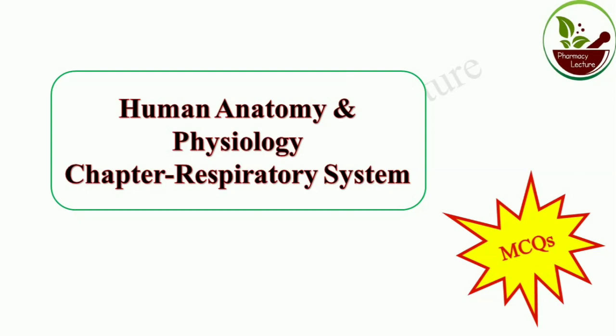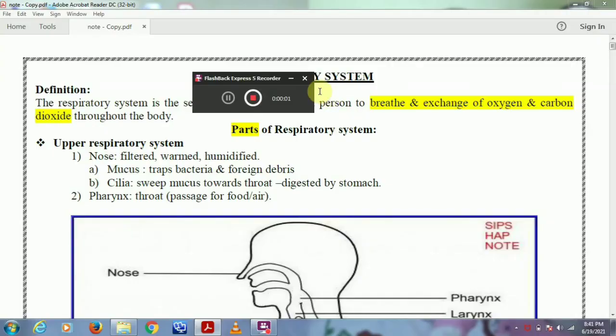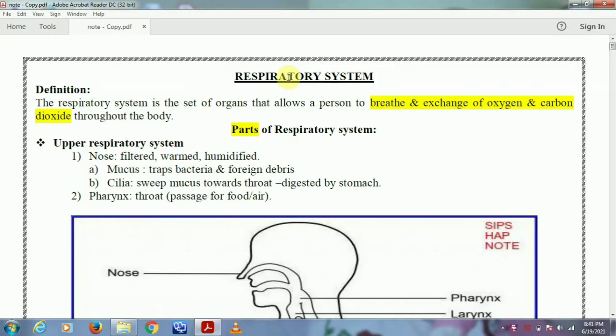So let us discuss first the definition of the respiratory system. The respiratory system is the set of organs that allow a person to breathe, in which oxygen and carbon dioxide are exchanged, the gaseous exchange process.